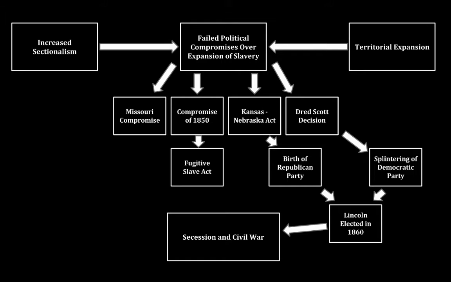We're going to see territorial expansion. Those things are going to lead to the debate over the expansion of slavery, which is then going to lead to failed compromises, increased levels of tension, and regionalization. You're going to see the birth of the Republican Party, the election of Abraham Lincoln, and that will eventually lead us to secession and civil war.